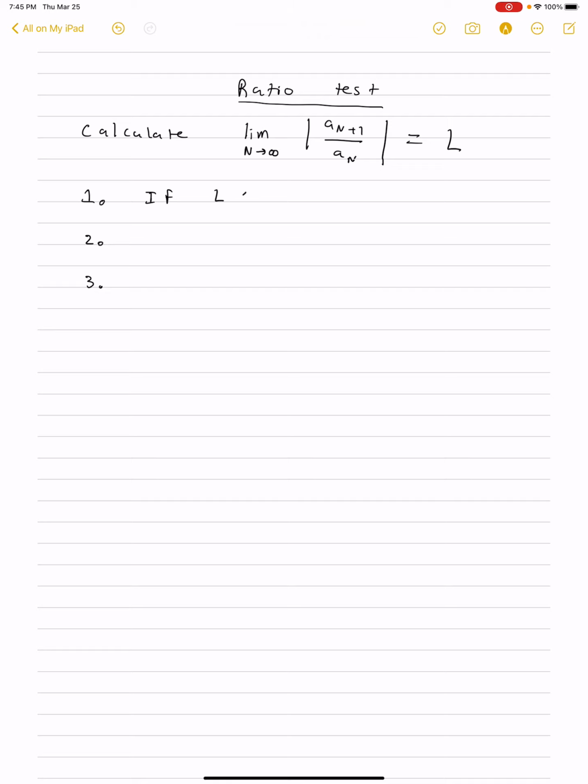If L is less than 1, the series of a_n is absolutely convergent. If this limit is bigger than 1, the series is divergent.